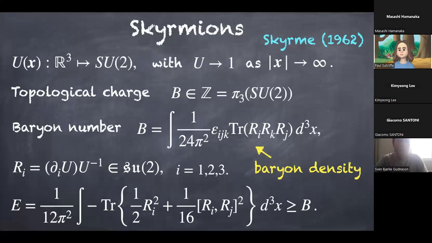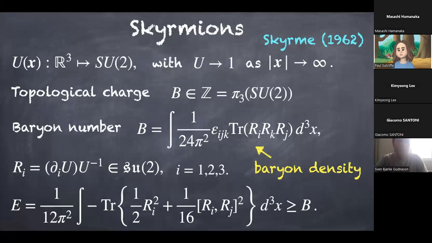So it's an SU2 matrix defined throughout R3, with the boundary condition that this matrix becomes the identity matrix as you go off to spatial infinity. That boundary condition compactifies space so that topologically space is a three-sphere. It's a three-sphere of infinite radius, if you like.